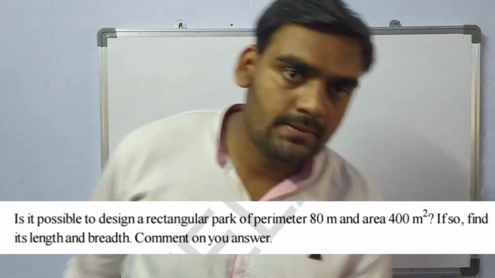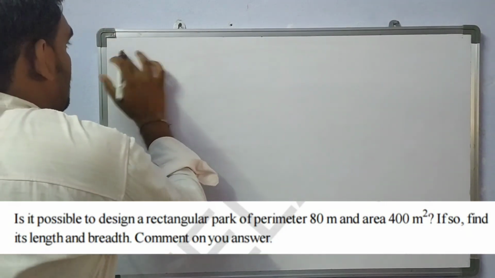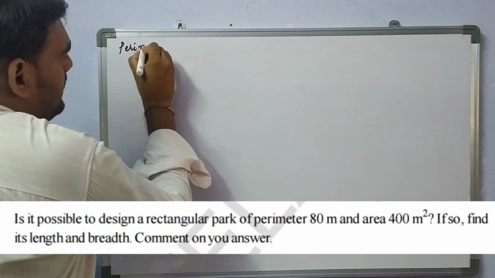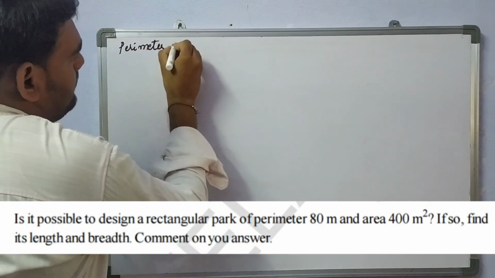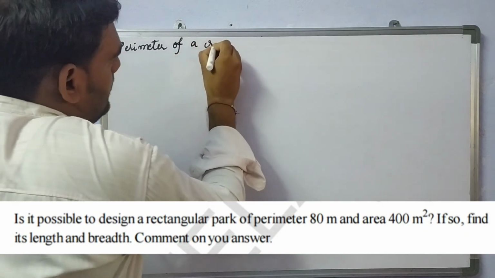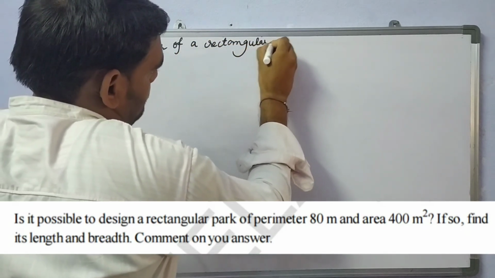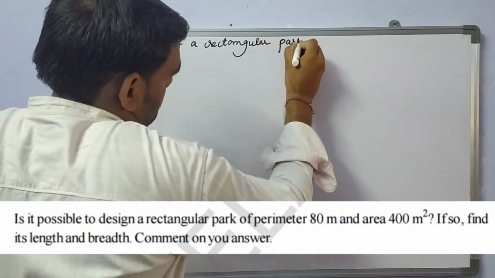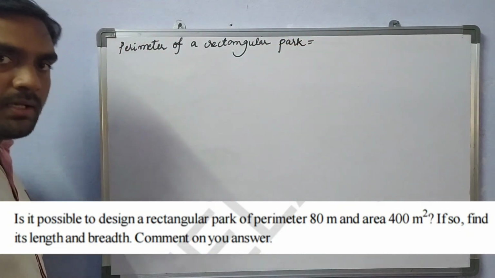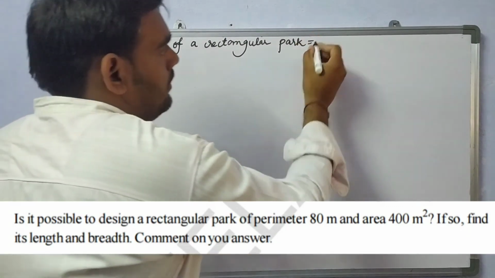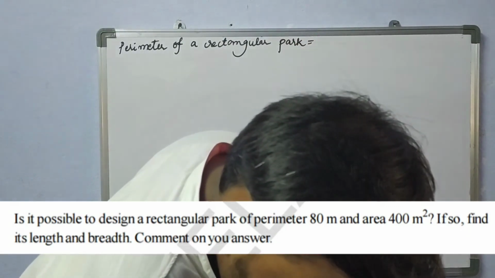First we write the perimeter of a rectangular park, which is equal to 80 meters.